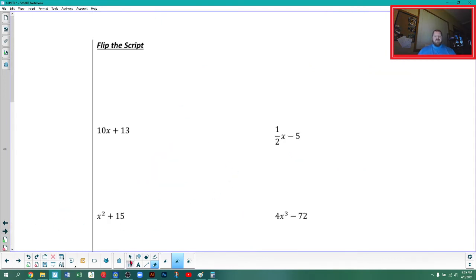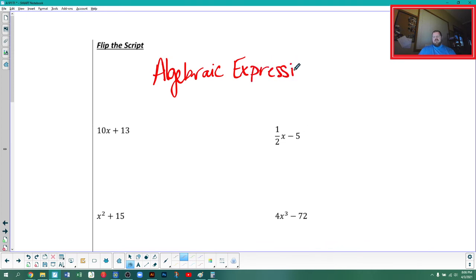So when we flip the script, I want to take an algebraic expression and turn it into what we consider to be a verbal or even written expression.